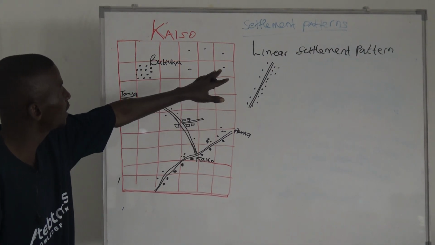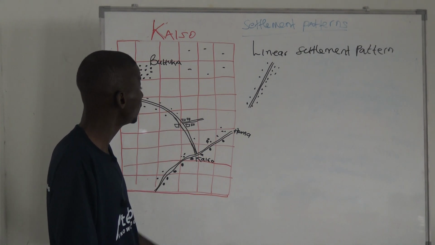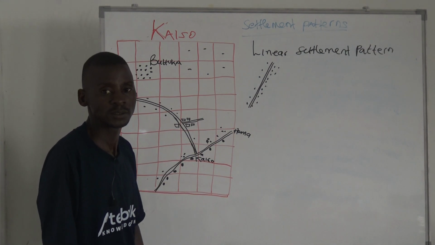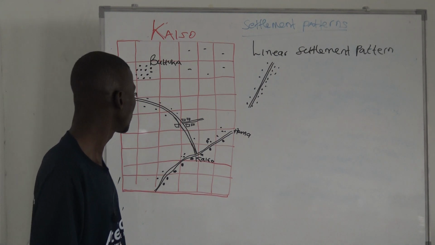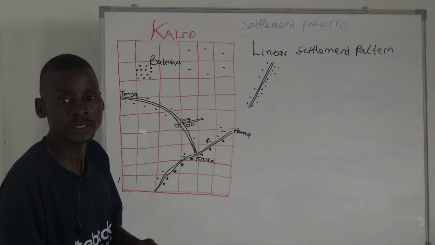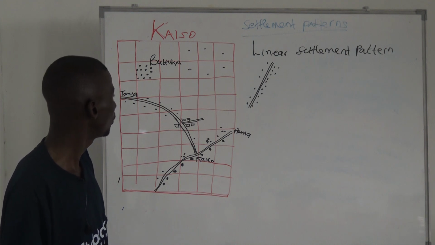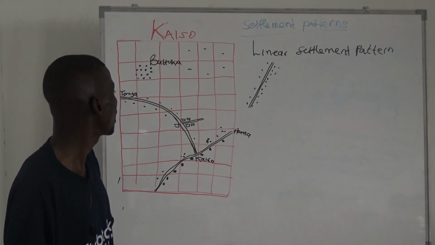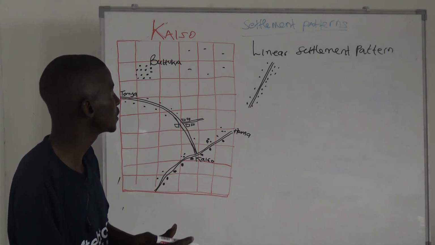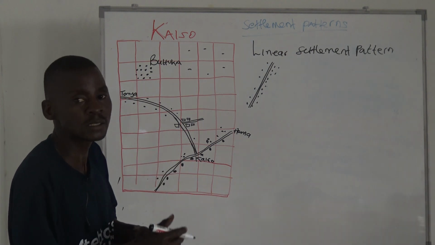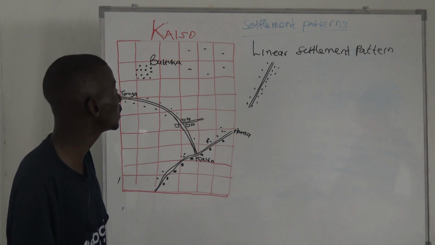So once you see that, tell the examiner that there is linear settlement along roads. It could also be along swamps, because a swamp is also in a linear form, or it could be along a lake. All settlements along swamps, along roads, along rivers, display a linear type of settlement pattern.